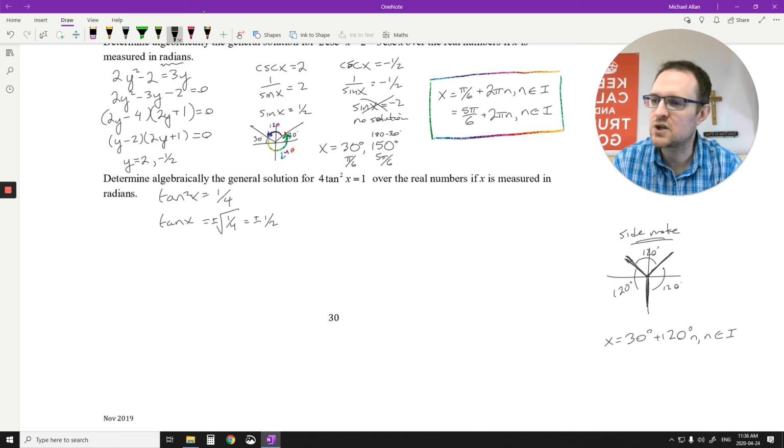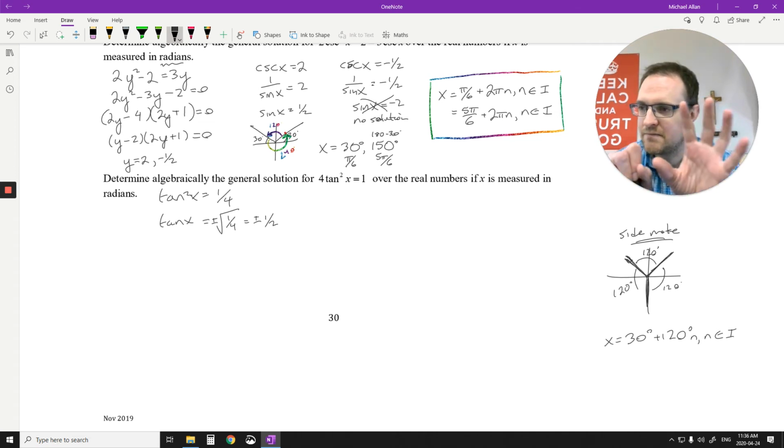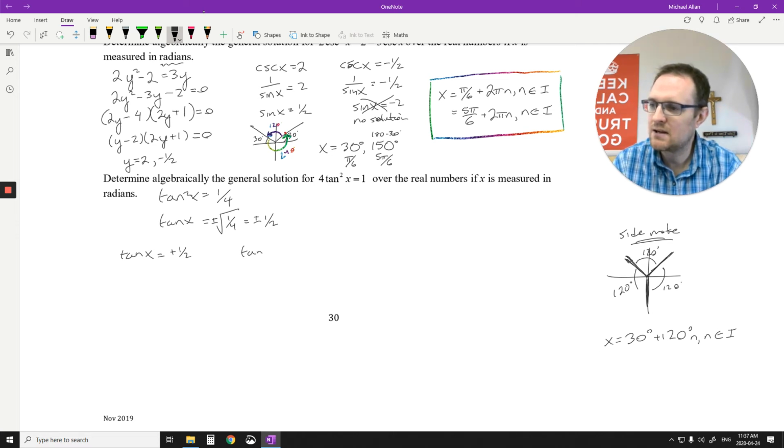You could also make this equal to 0 and then factor it like a difference of squares. That's fine too, and you get the plus or minus. So we have the 2 answers here. We got tan x is equal to positive a half, and tan x is equal to negative a half.